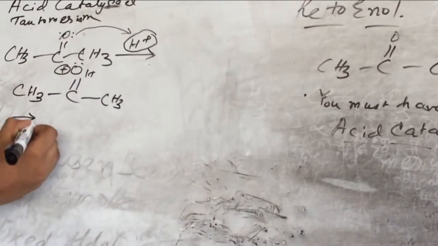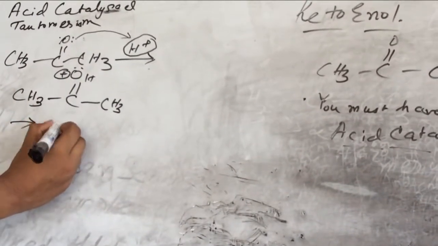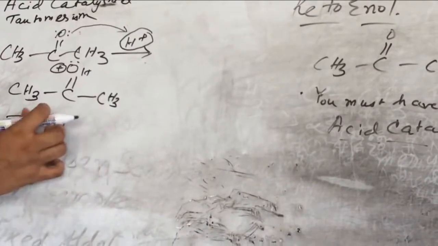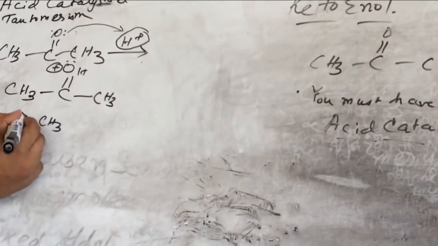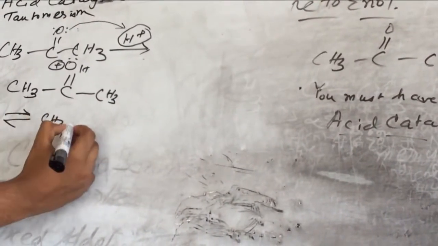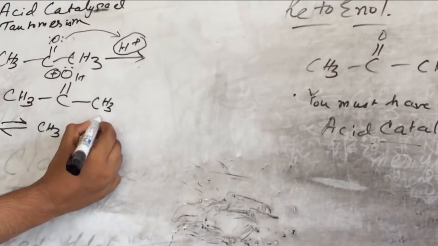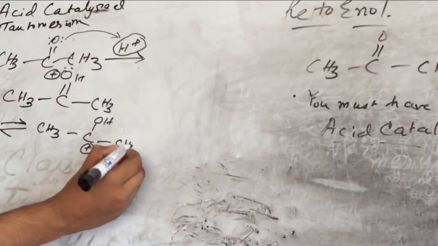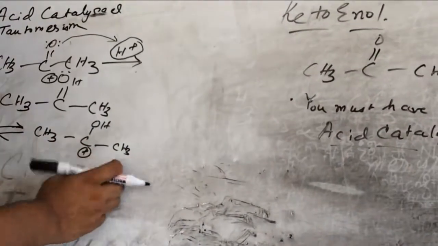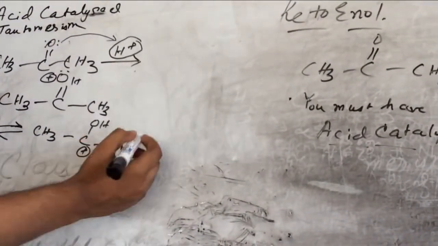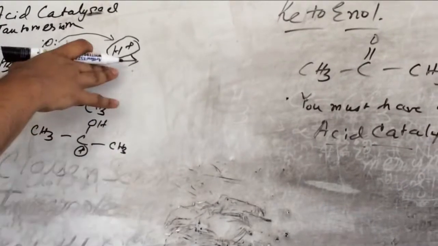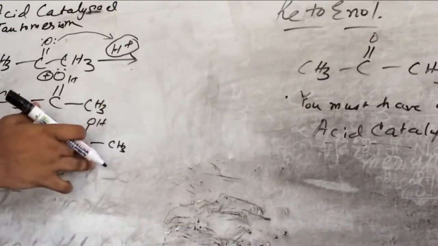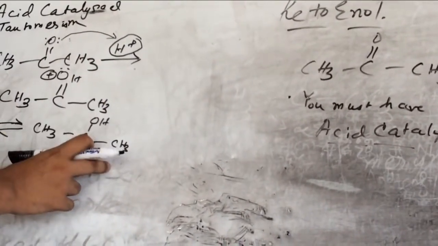So after this, this is a canonical form, so you can write it in this way. So what we get? We get a carbocation, which is an intermediate. Now from conversion of this step to this step, we get an intermediate carbocation.